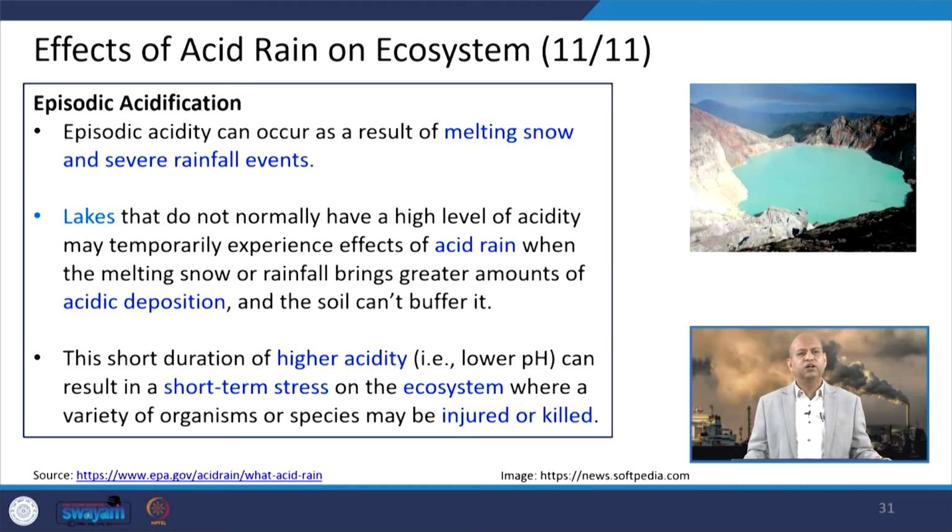So, episodic acidification may also occur, and then again other rain water neutralizes this acidic component, and then again life thrives, but that particular disturbing period may be quite problematic for aquatic life.